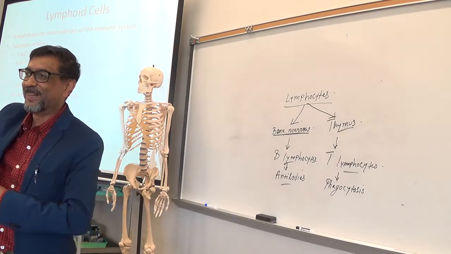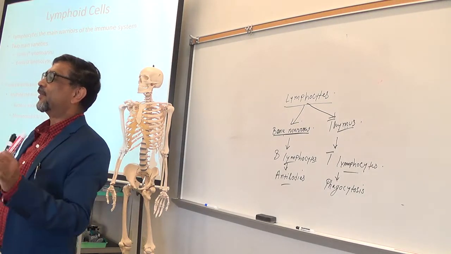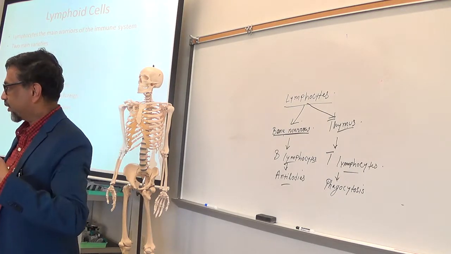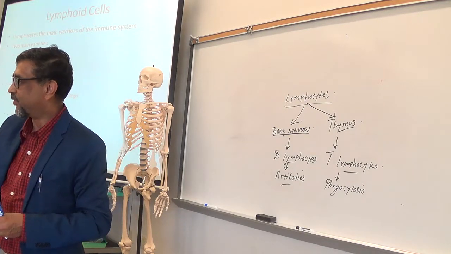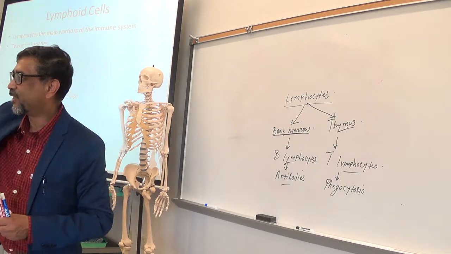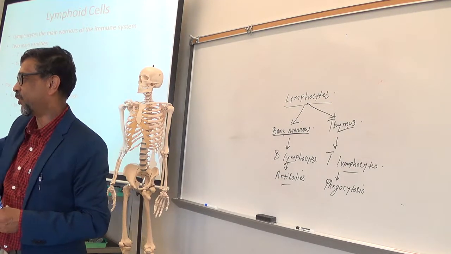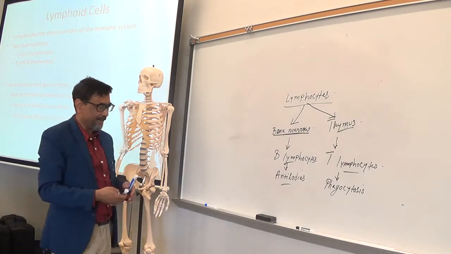I hope you don't do that. But there are different ways to fight, right? So T lymphocytes let the antigens come close. But B lymphocytes release the antibodies. Antibodies go to the enemies and destroy them. So they learn different techniques.